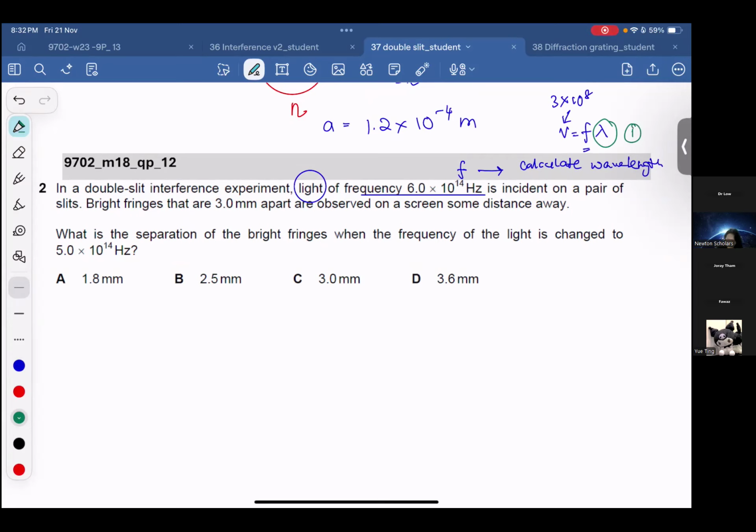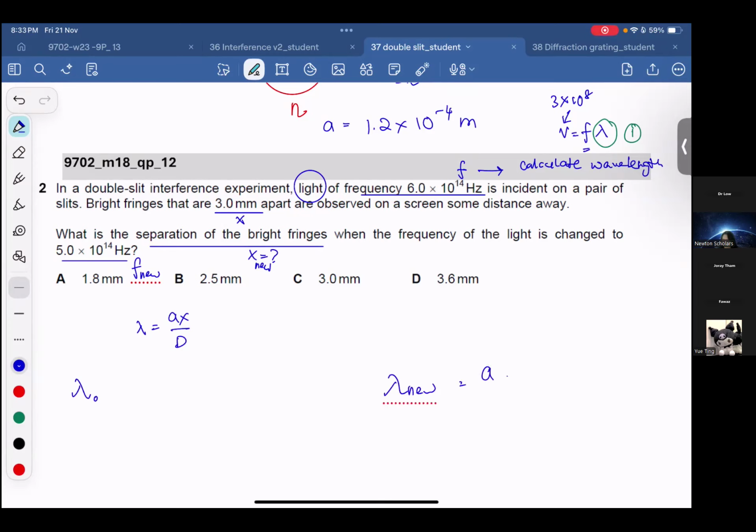Okay, the bright fringe separation is 3.0 mm. So this one is X. What is the separation of bright fringe? What is your new X when the frequency changes, with the new frequency? How do we do it? Wavelength equals to AX divided by D. You need to calculate the original wavelength and then the new wavelength.